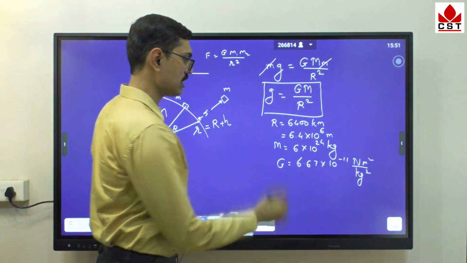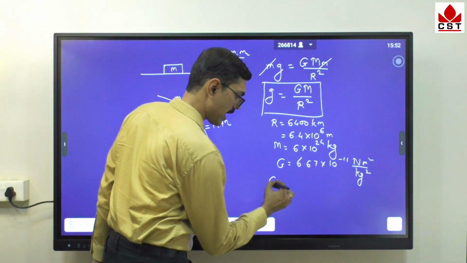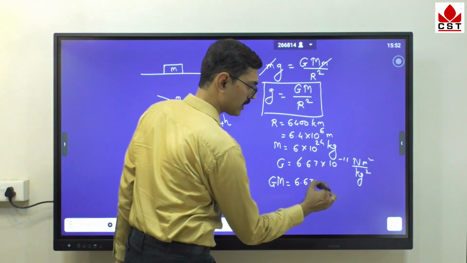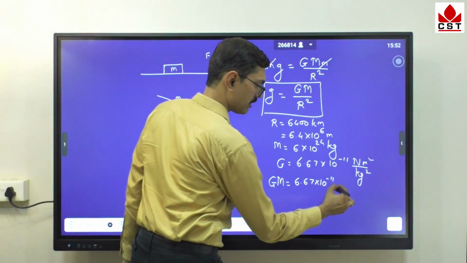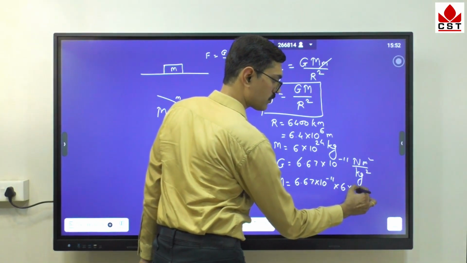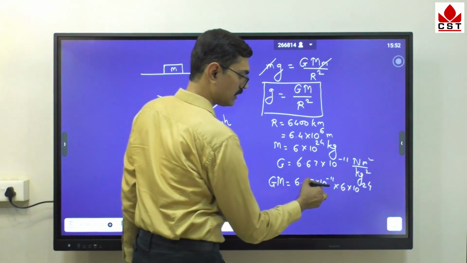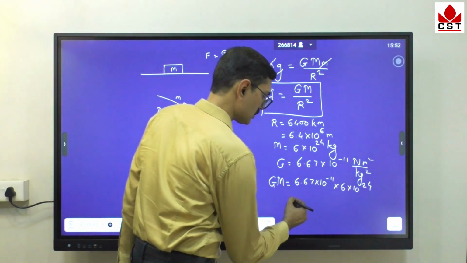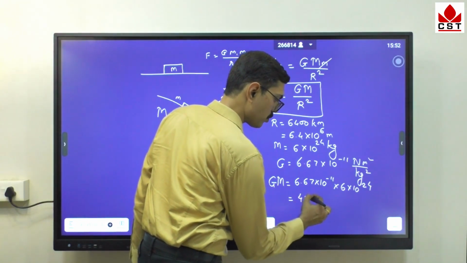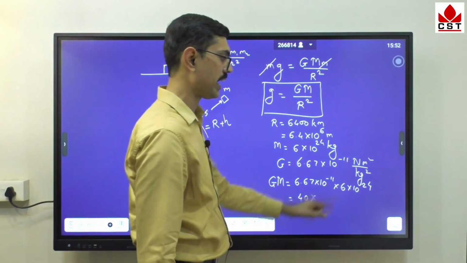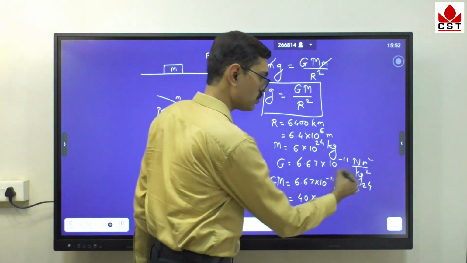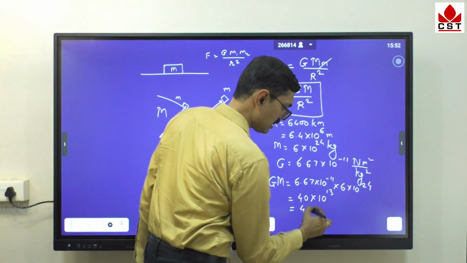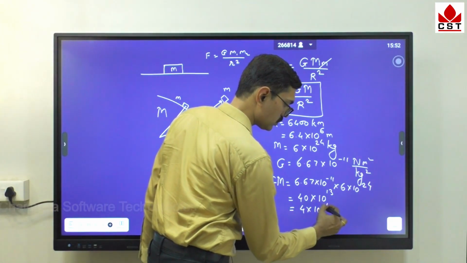Remember, for earth, what do we get for capital G into M, the product? 6.67 into 10 raised to minus 11, then into 6 into 10 raised to 24. So 6.67 into 6 is approximately 40, so we can take that as 40. 10 raised to minus 11 and 24 becomes 10 raised to 13, and we get the final result as 4 into 10 raised to 14.